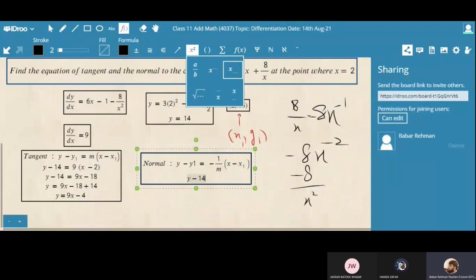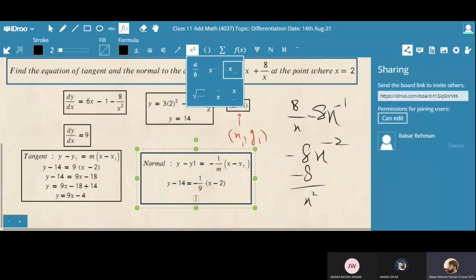Only the gradient will be different. It was negative 1 upon the gradient; the gradient is 9. So what will be? Minus 1 upon 9 in bracket x minus x1, so that is 2.